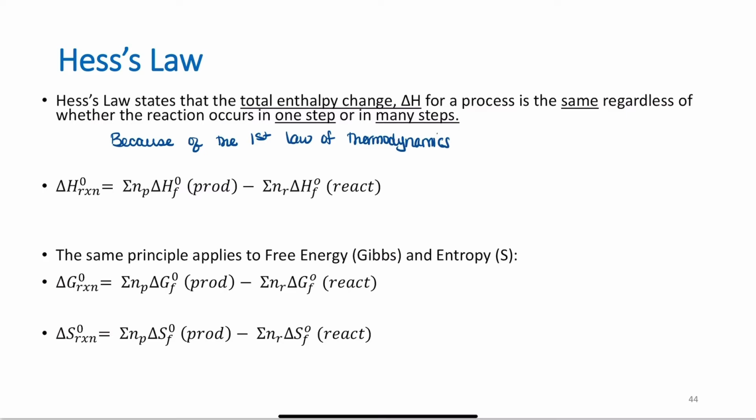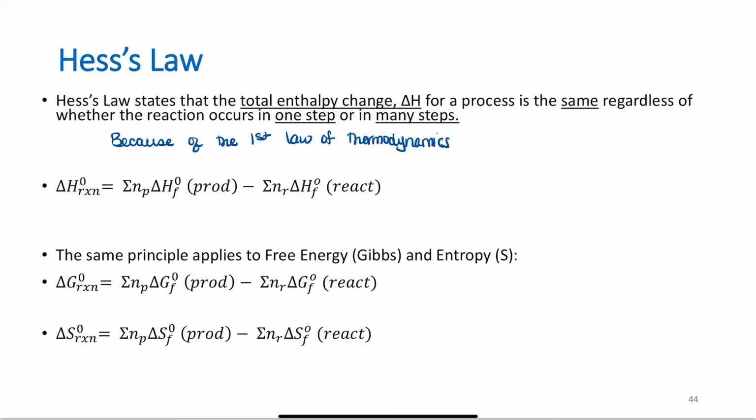We can rewrite this by saying delta H reaction is equal to the sum of the number of moles of product times the delta H formation for each product minus the sum of the number of moles of the reactant times the delta H of formation for that specific reactant, all of those summed together.